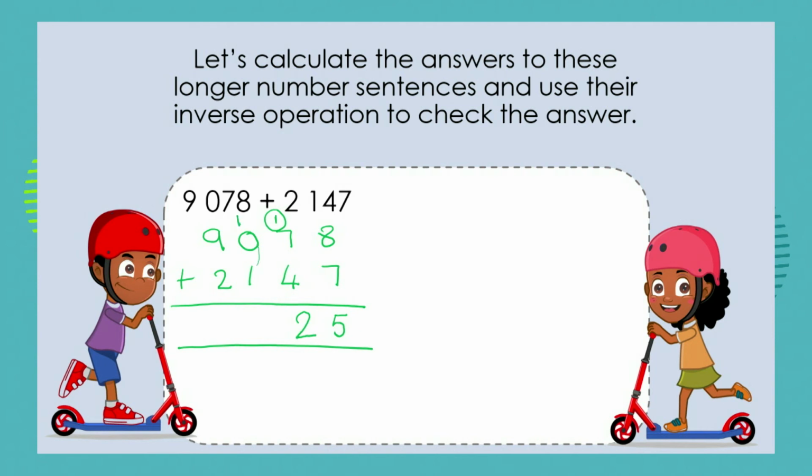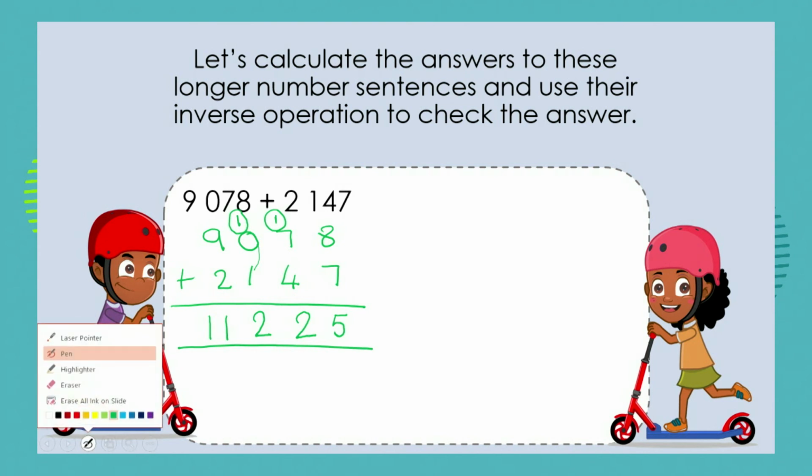Now we have 0 plus 1, which gives us 1, plus the 1 that we carried, which is 2, and then 9 plus 2, nowhere to carry your answer, it's 11. So our answer is 11,225. So now we're going to use the inverse operation to check.